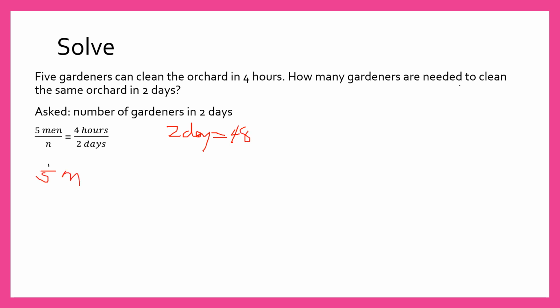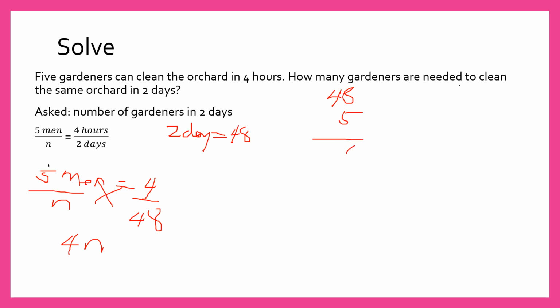So 5 men, or 5, is equal to 4 over n over 48. Okay, so that means 4n, cross multiply, then 48 times 5, we have 240.